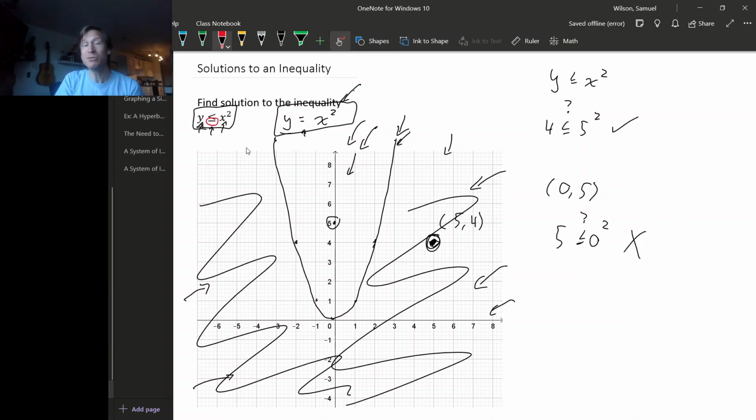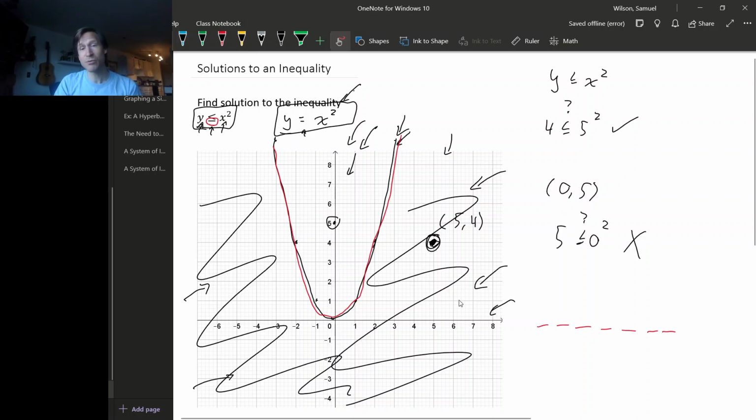So if y is equal to x squared, we have a solution. And that means that this boundary parabola itself is composed of solutions to the inequality. To indicate that they're solutions, we will use a solid curve for this parabola. If our boundary curve isn't a solution, then we'll use a dotted boundary curve like this to indicate that it's not made up of solutions.